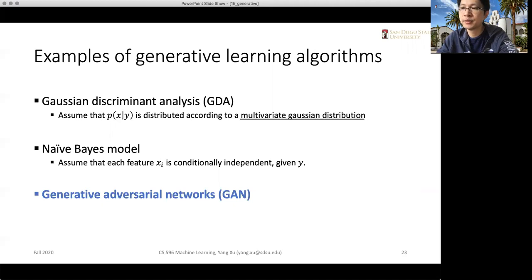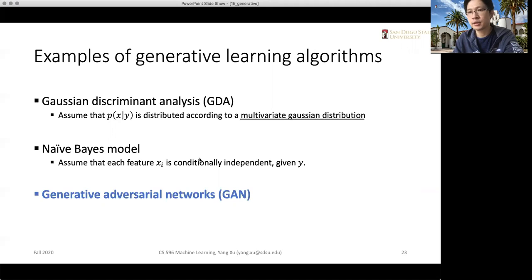I think the most amazing part of it is that we can train models that can behave like human beings, like drawing a picture or saying something in natural language, generating natural sentences.